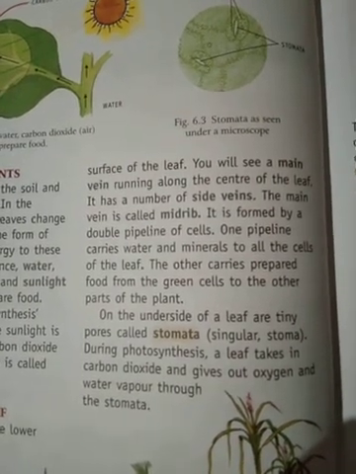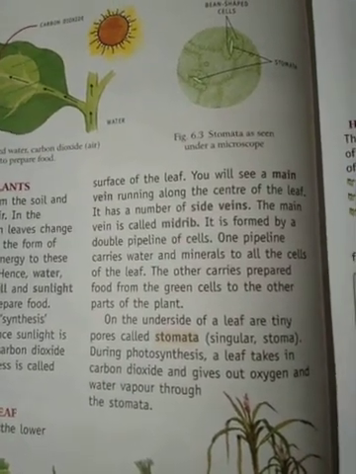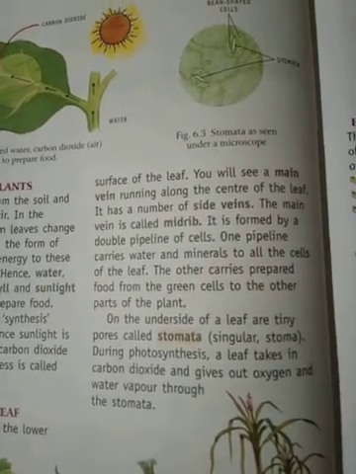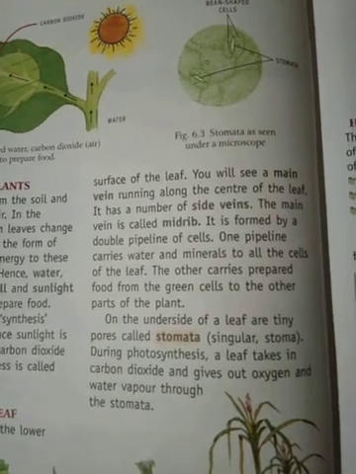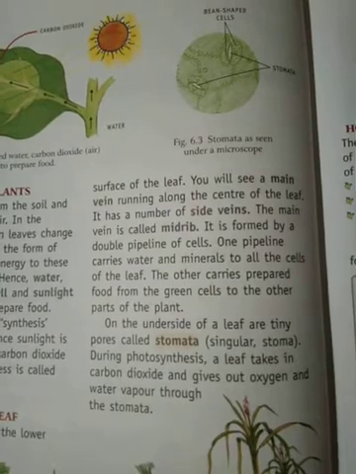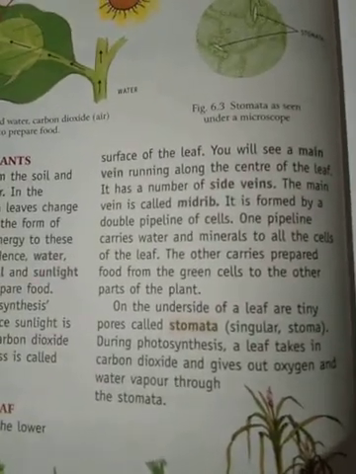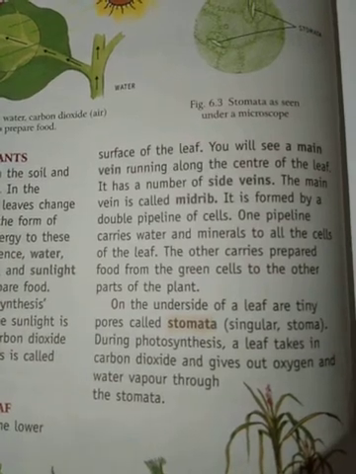I hope you got it. One pipeline carries water and minerals to all the cells of the leaf, the other carries prepared food from the green cells to the other parts of the plant. Quite interesting, right? Now move to the next paragraph.